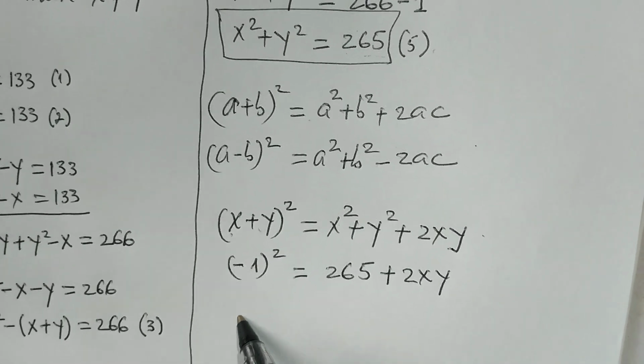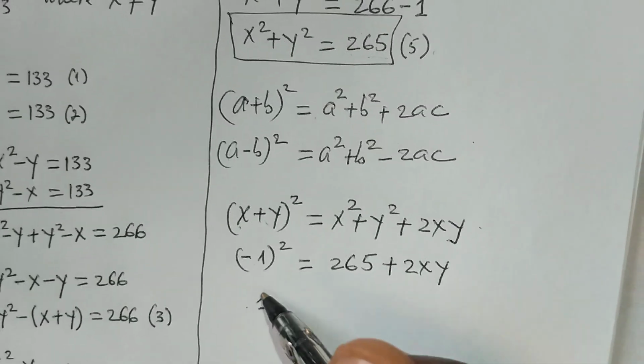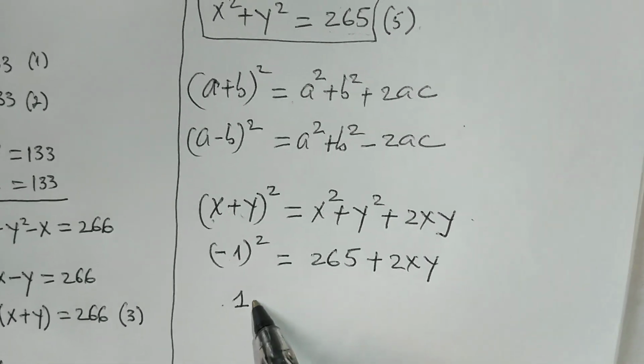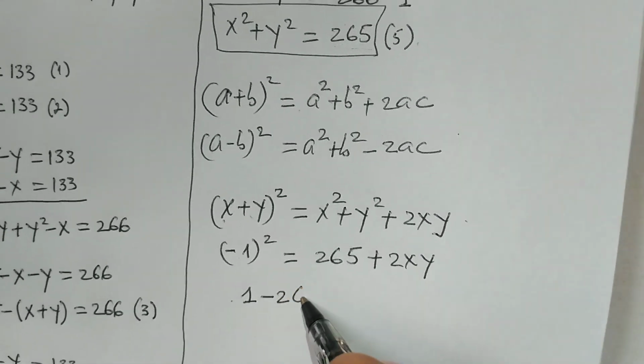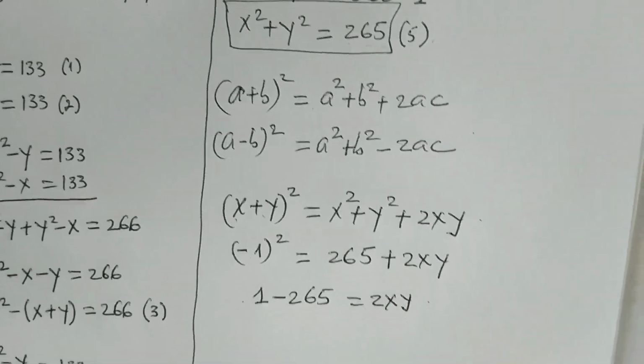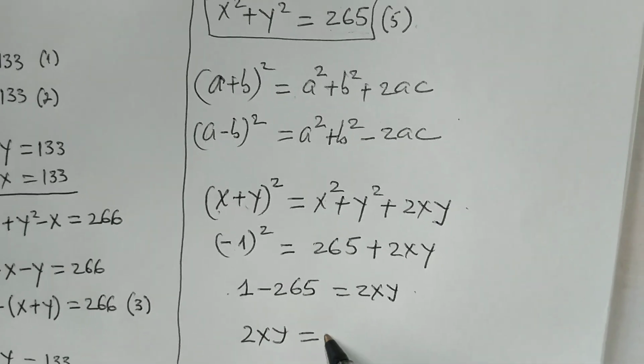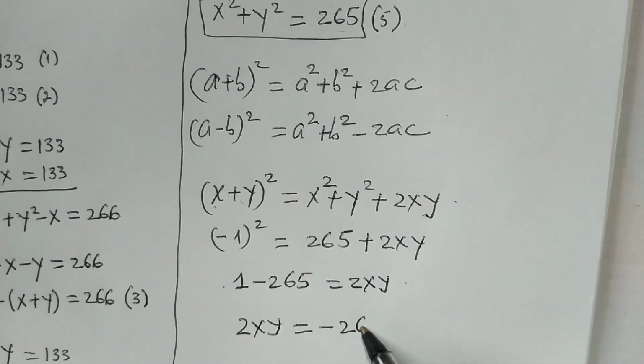So we have -1 squared is equal to 1. Putting this on this side, -264 is equal to 2xy.